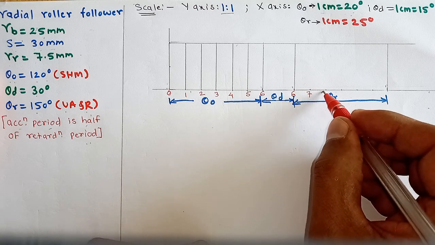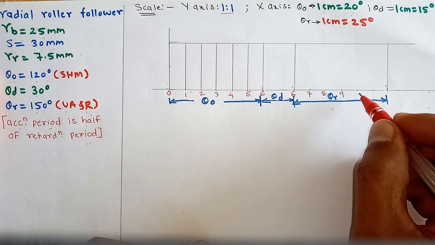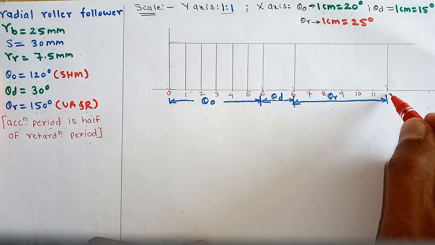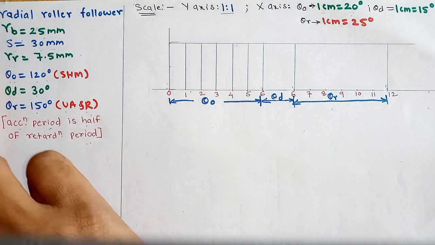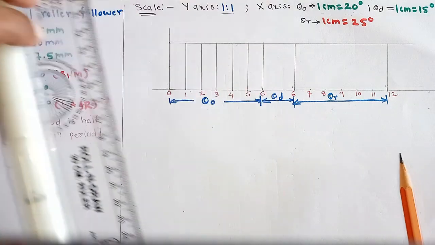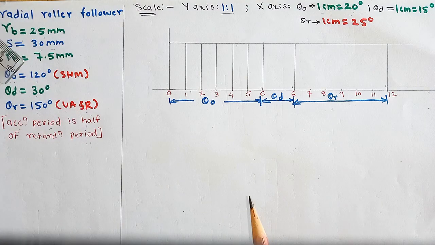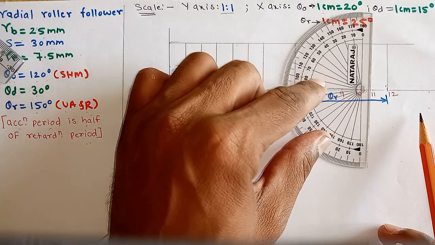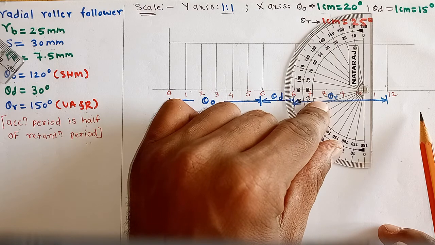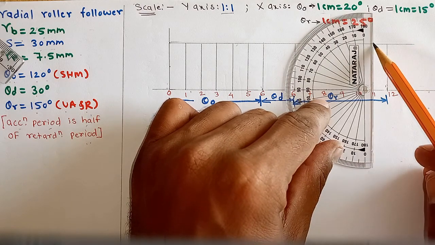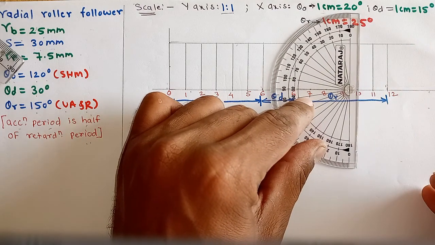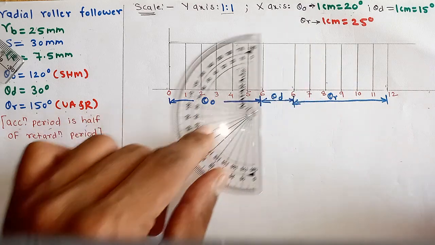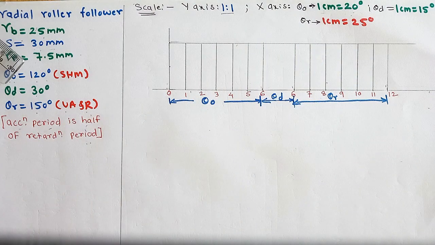Then 7, 8, 9, 10, 11 and 12. Now I will draw the vertical lines parallel to the y-axis passing through these division numbers. So this is division number 11 and this is 7. So we have divided the outstroke and return stroke angle into 6 equal divisions each.